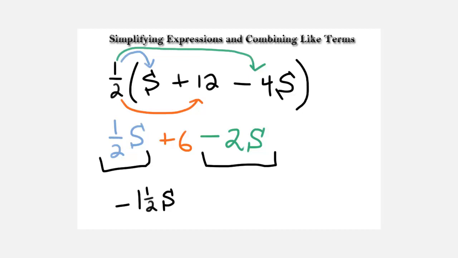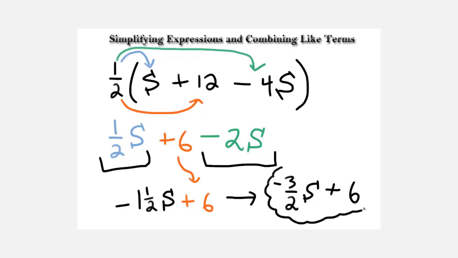And the positive 6, that one you just rewrite it, right? Plus 6. There's no other numbers to combine with, so we're okay with that. So let's make this a little bit nicer, right? So we set negative 3 over 2, an improper fraction, s plus the 6. And we are done. And again, we're all happy.